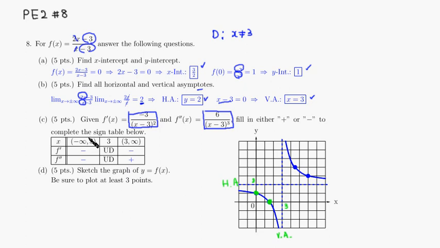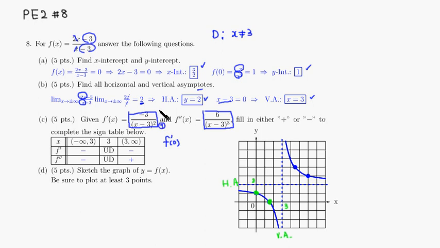We can try any number less than 3, so I'll probably try 0. So we look at f prime of 0. If you plug in 0 here, you see that negative 3 squared, so the bottom is positive.